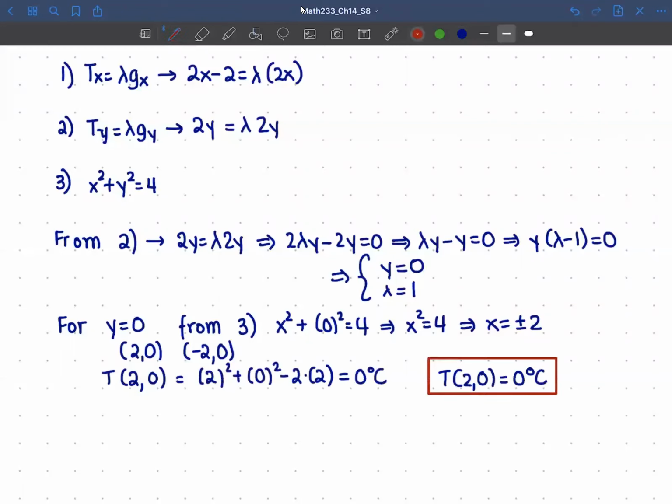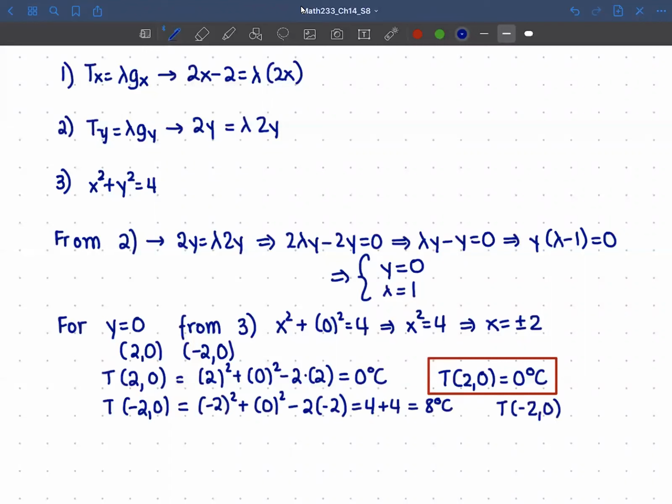And the temperature at the point (negative 2, 0) is equal to negative 2 squared plus 0 squared minus 2 times negative 2. That gives us 4 plus 4, which is equal to 8 degrees Celsius. So the temperature at the point (negative 2, 0) is equal to 8 degrees Celsius.